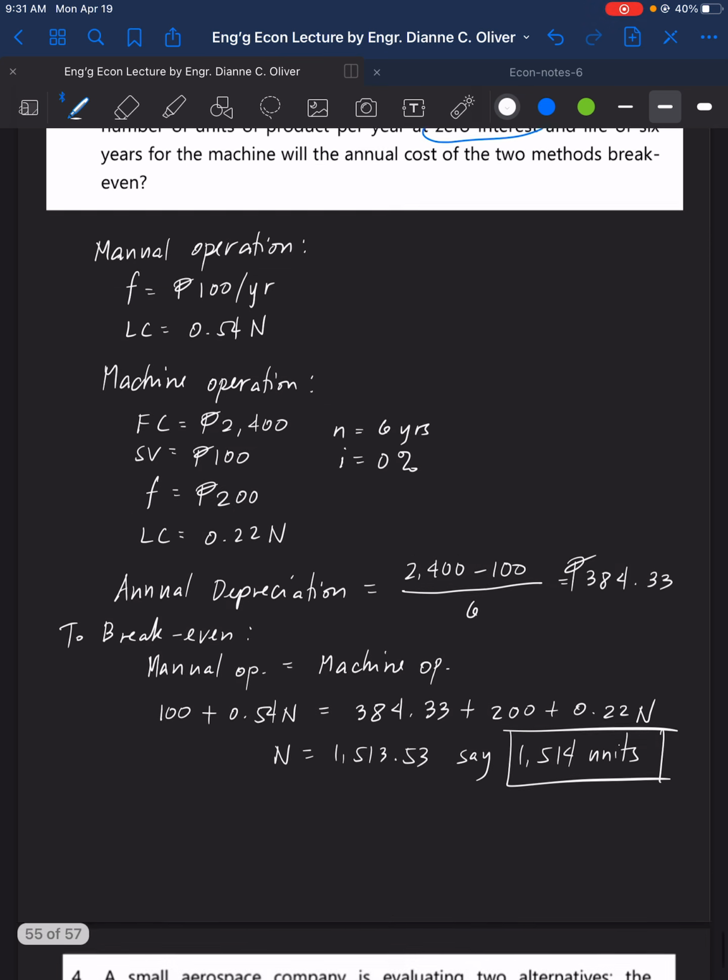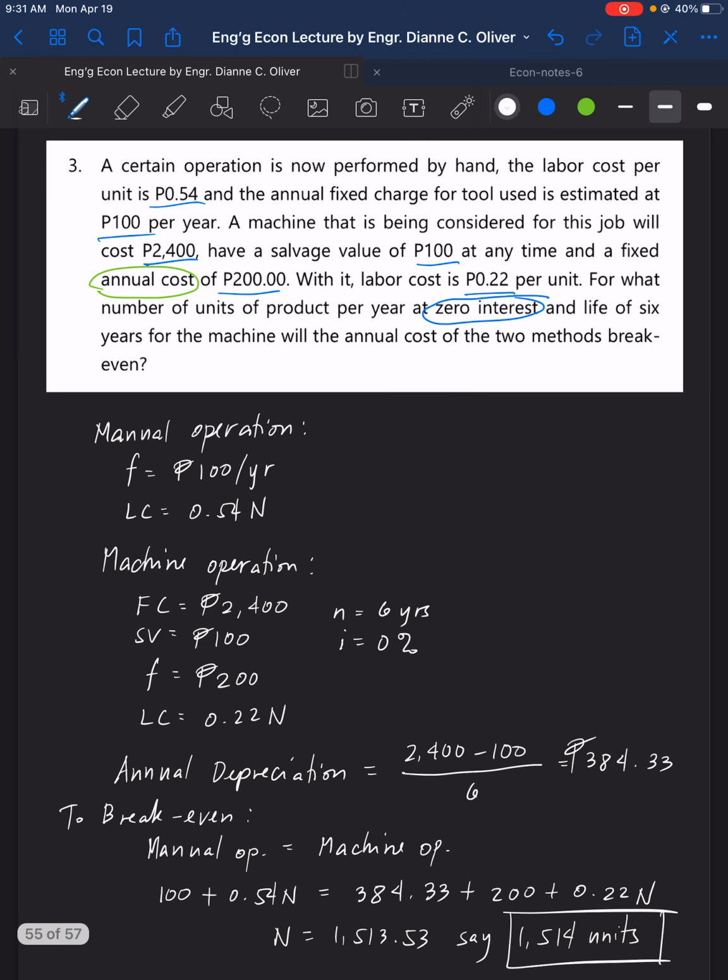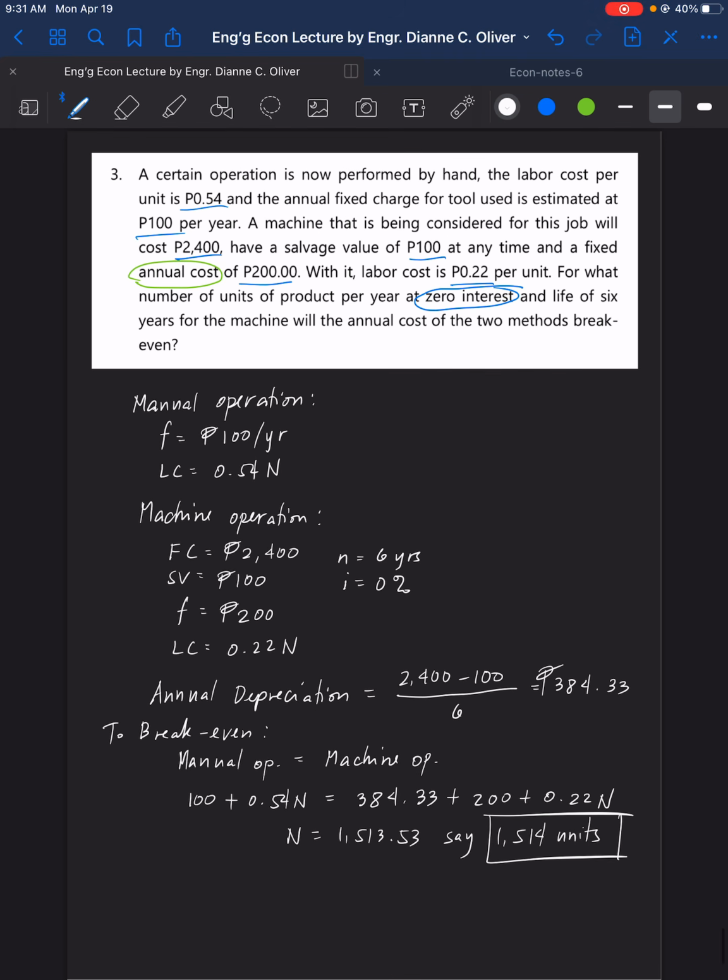So just as what happened here, comparing two alternatives, the manual and the machine, meaning if we produce 1,514 units here, it means you can now have the machine operation, or anyone here that is costlier, it can justify because this is the number of units that will justify your having those two options.